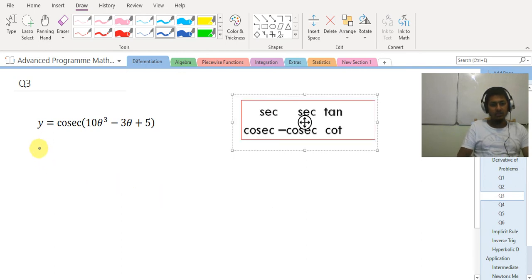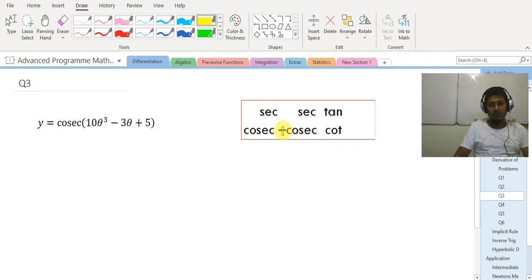Question 3. Y is equal to cosec of 10 theta cubed minus 3 theta plus 5. Since we're dealing with the derivative of cosec, we will get the other two, which is negative cosec cot.